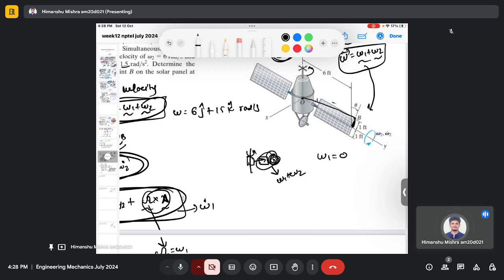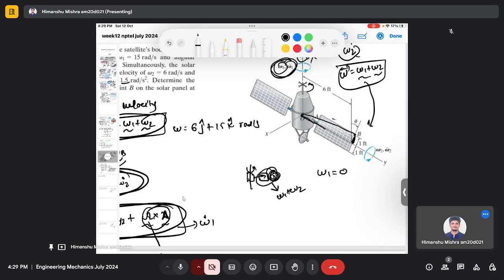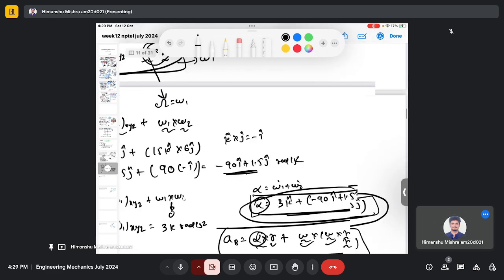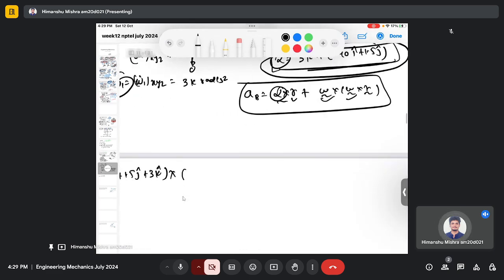So it is 1 feet in the x-axis and 6 feet with respect to the y-axis. So it is minus 1i plus 6j.